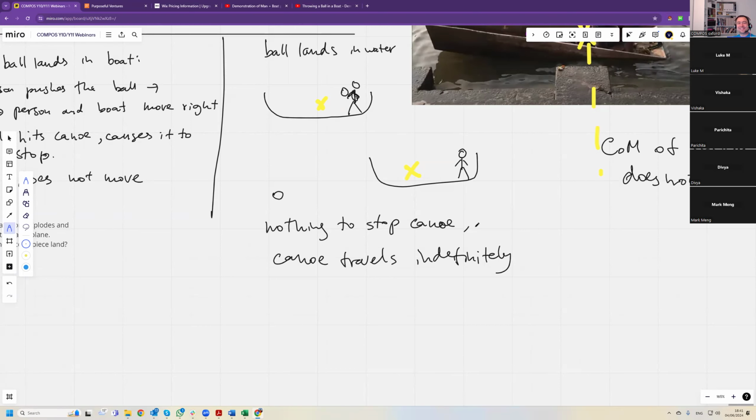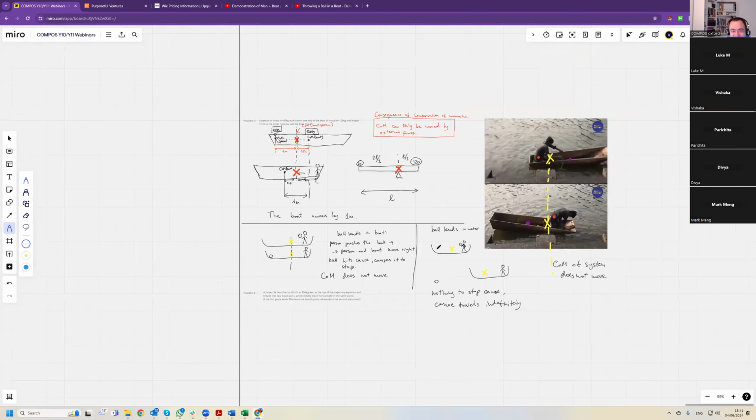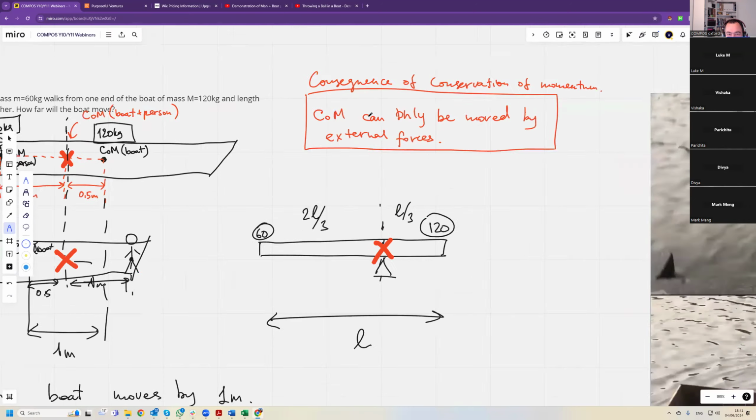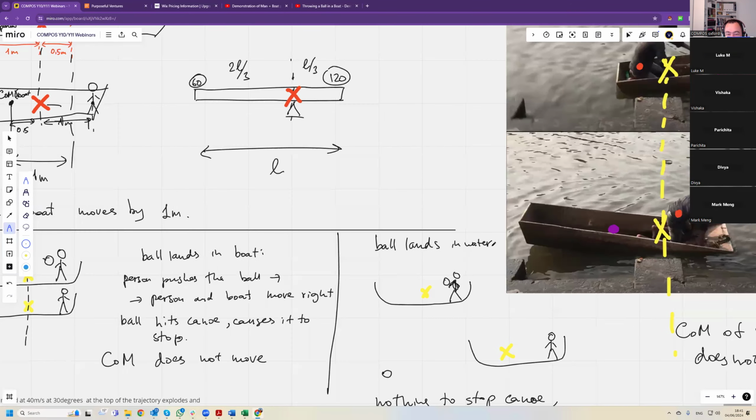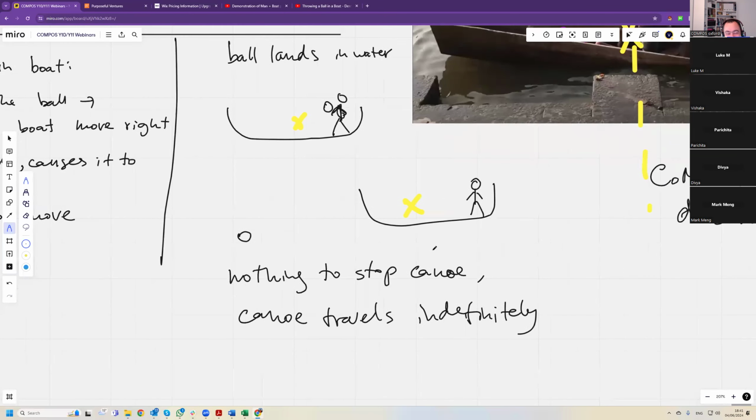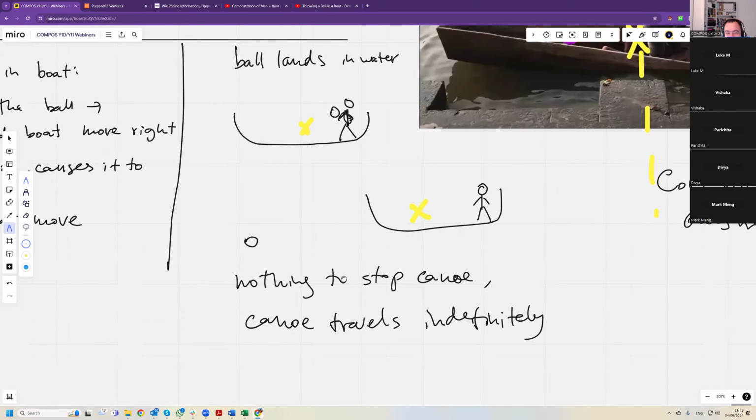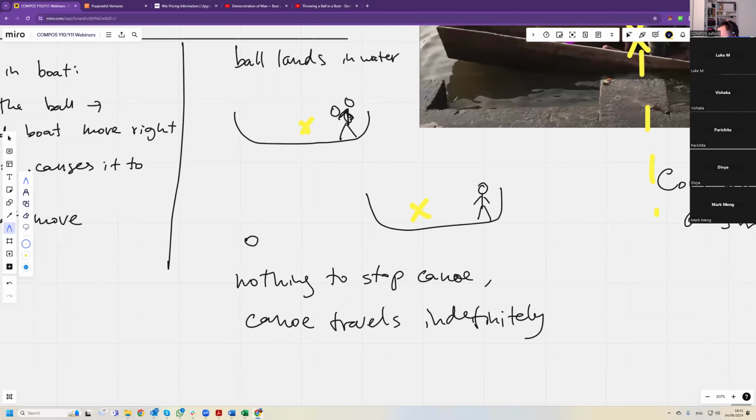So what's going on? We're not just contradicting what this says. Center of mass can only be moved by external forces. So what is the external force in this example? Mark, center of mass of the boat moves, yes. But the ball also moves.